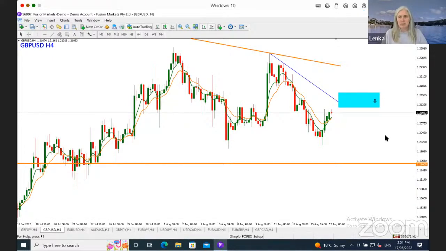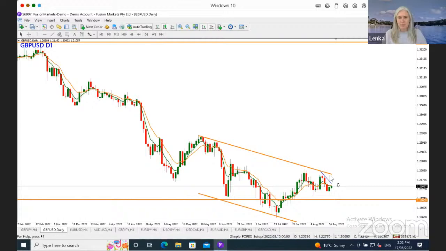And GBP USD at the moment, I'm looking for short. We've had the long downtrend, and I was looking for the reversal, but at the moment, it is still looking like it's heading down.